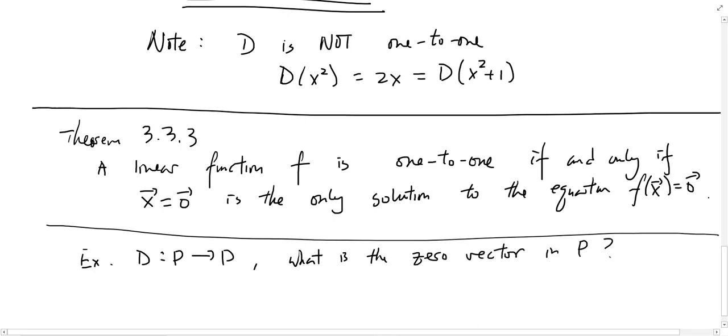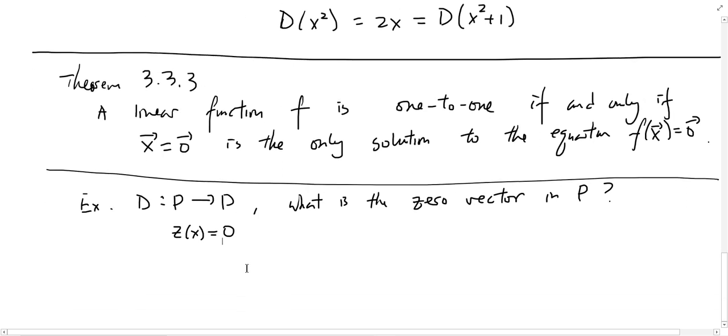Now think, what is the 0 element in P? What's the 0 vector in P? Well, the 0 vector in P is the function that I like to call z of x that is equal to 0. So therefore, what does that imply?